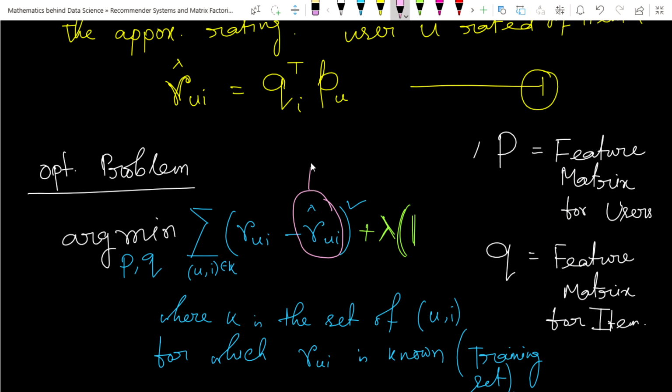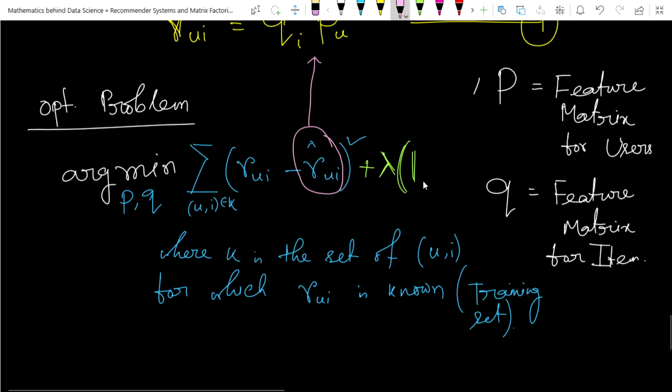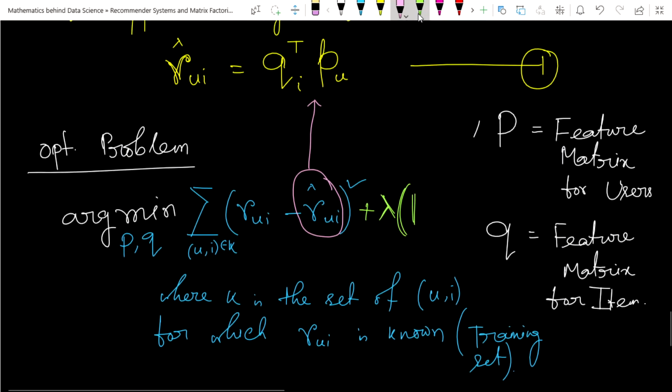We have seen the regularized term already in logistic regression, linear regression, and SVM. What is the regularized term? QI square plus PU square. Okay, this is called the L2 regularizer.